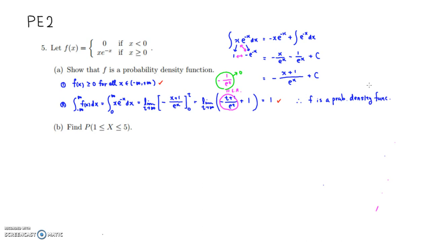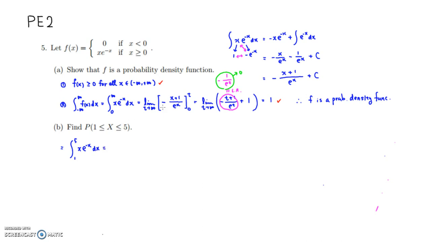Then if you want to use this probability density function to find the probability that the random variable X is between 1 and 5, let's compute that. The integral goes from 1 to 5 of the same function, f of x dx, which is x e to the negative x with respect to x.